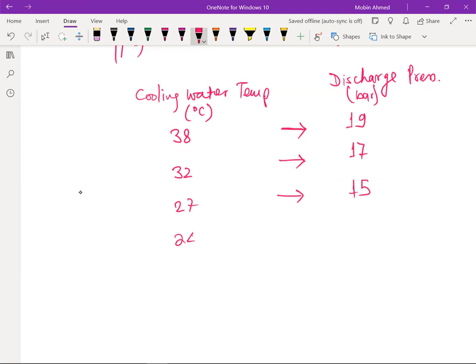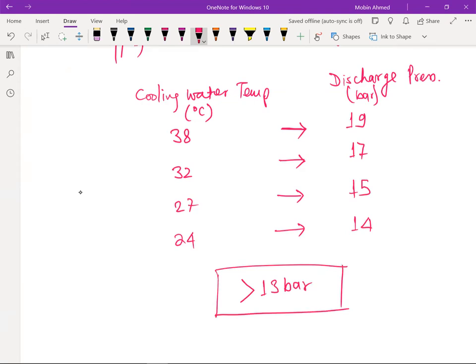If it is going to be 24, it's supposed to show 14. And always we should keep our discharge pressure more than 13 bar. It's supposed to be that in any condition. Discharge pressure has to be more than 13 bar.